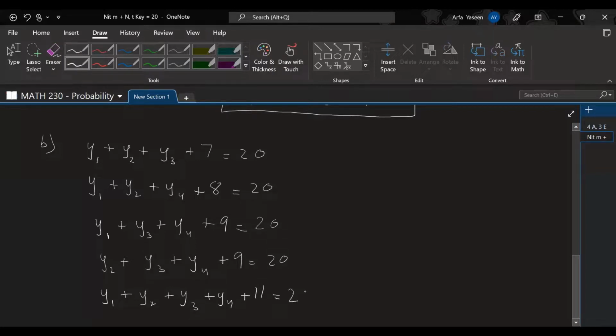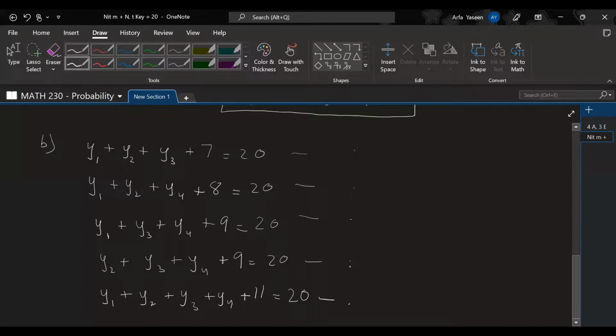This is the equation from part A. We have considered all cases where the money is being invested in at least 3 opportunities. We'll find the number of non-negative solutions to this equation, this equation, this equation, this, and this. And since either this can happen or this, or this, or this, or this, we'll add the answers we get for each equation.